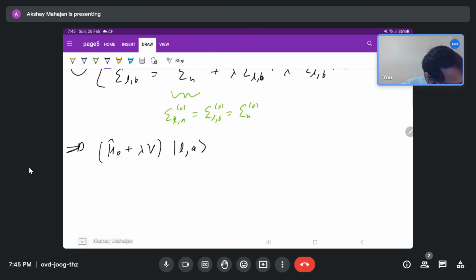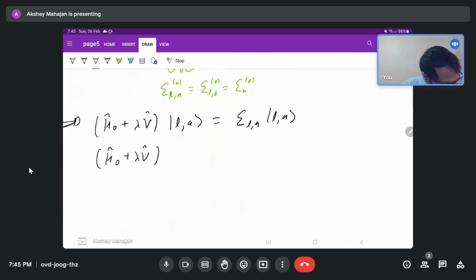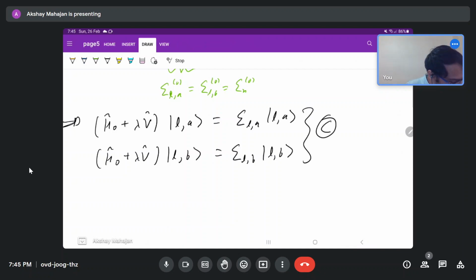We have H L of A equals some energy E_{L,A} times L of A. Similarly, we have H cap naught plus lambda times V. I say lambda times V cap potential, not a constant, because generally in perturbation we apply some kind of time independent potential. There will be some E_{L,B} times L of B. Let's say this is our equation number C.